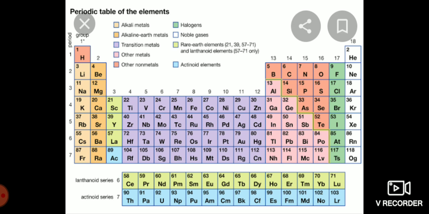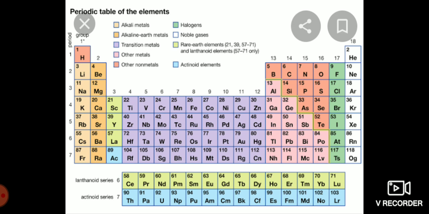Then in the seventh period, actinide starts at atomic number 89. Next you see atomic number 104. So 89 to 104, the elements in between are arranged at the bottom, below the lanthanide series elements. These elements are called the actinide series. So lanthanide series and actinide series.